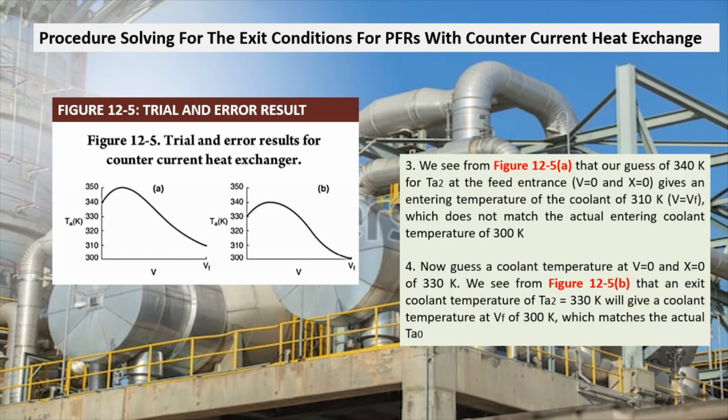Now, guess the coolant temperature at V equals 0 and X equals 0 of 330 Kelvin. We see from figure 12.5b that a coolant temperature of Ta2 equal to 330 Kelvin will give a coolant temperature at Vf of 300 Kelvin, which matches the actual Ta0.